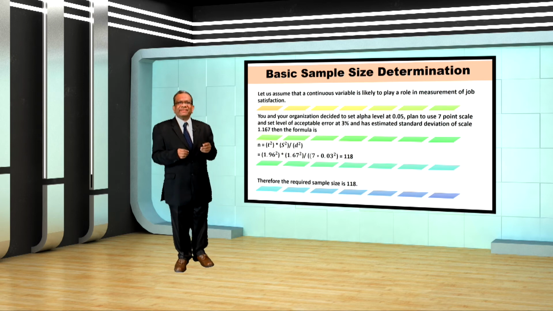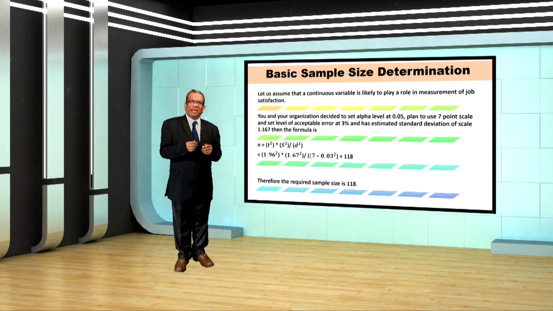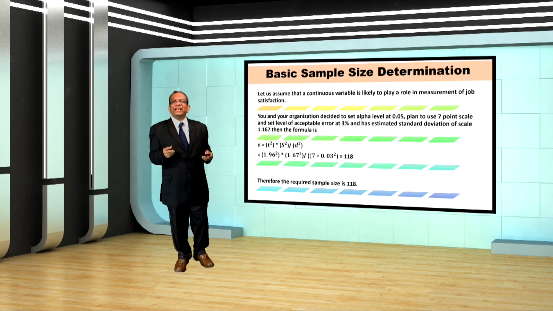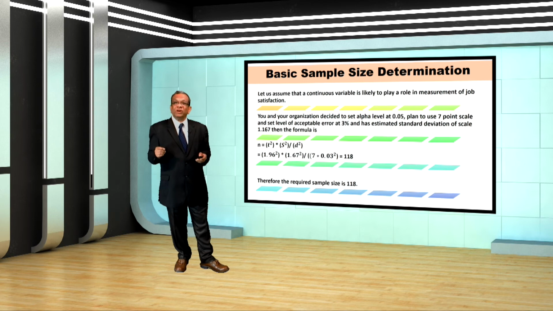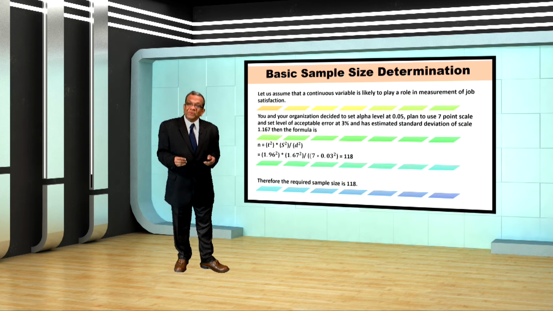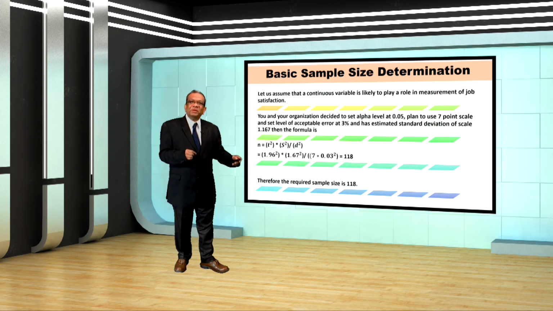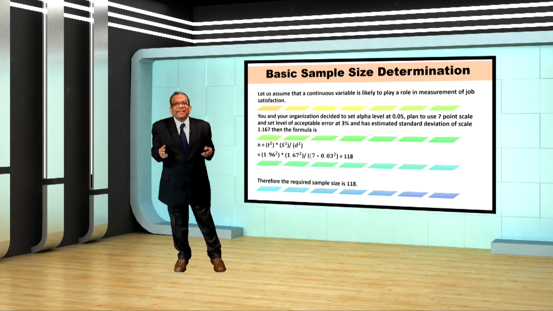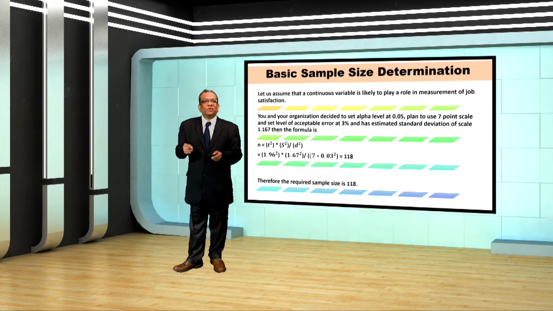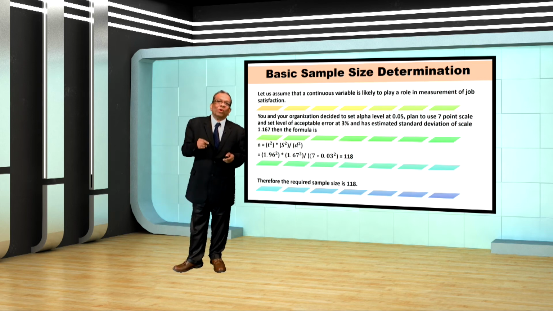Now, let us come to the formula for sample size. Let us assume that a continuous variable is likely to play a role in the measurement of job satisfaction. You and your organization decided to set the alpha level at 0.05, plan to use a 7-point scale, set the acceptable level of error as 3%, and have estimated the standard deviation of the scale as 1.167.